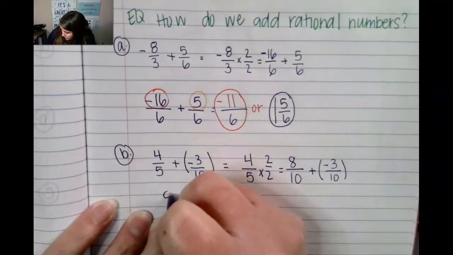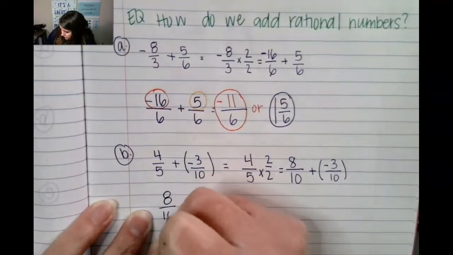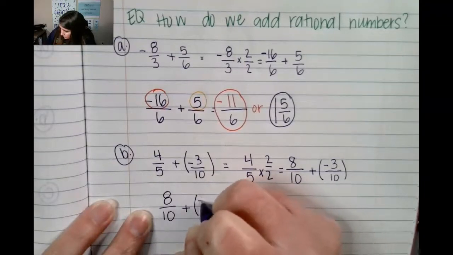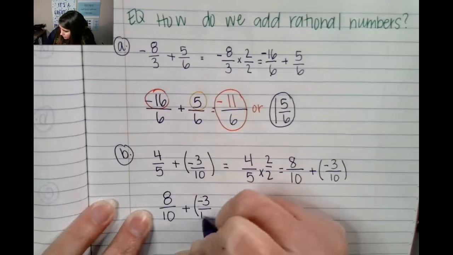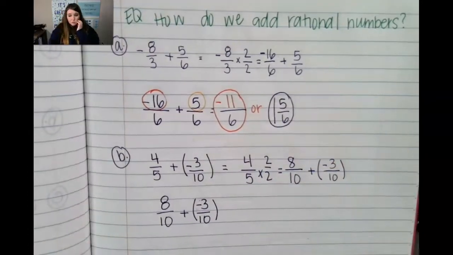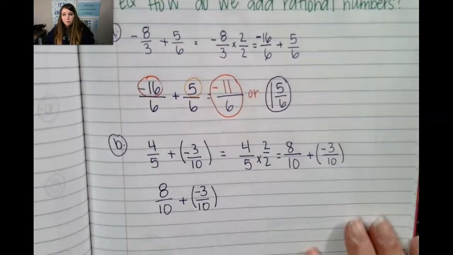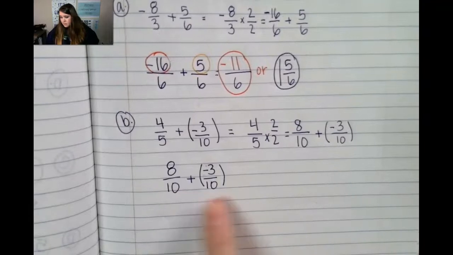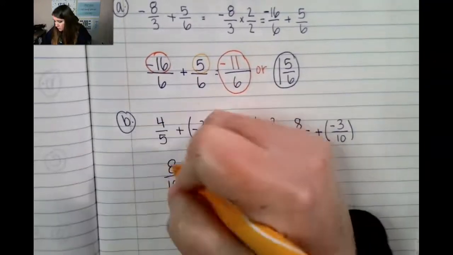So I have 8/10 plus negative 3/10. And I am ready to solve. So let's go ahead and solve this thing. Common denominators, I have 8 positives.